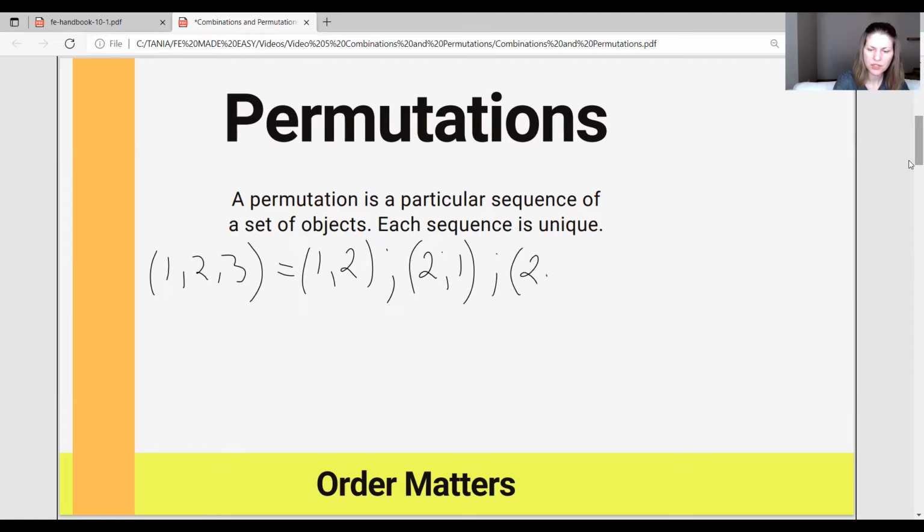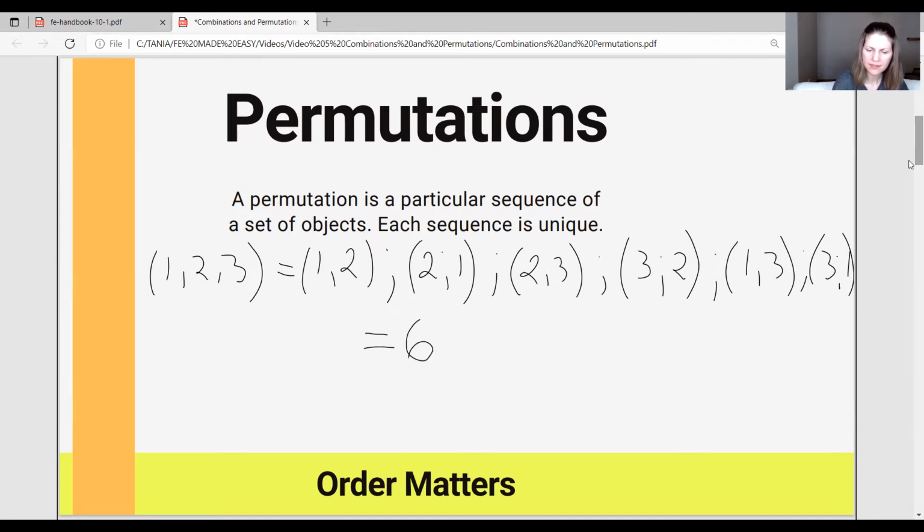And then I'll take 2, 3, and 3, 2. Since the order matters, these 2 are not the same. These 2 are unique. And lastly, I'll have 1, 3, and 3, 1, meaning the answer, I have 6 unique sets of numbers. So now let's work on a few examples.